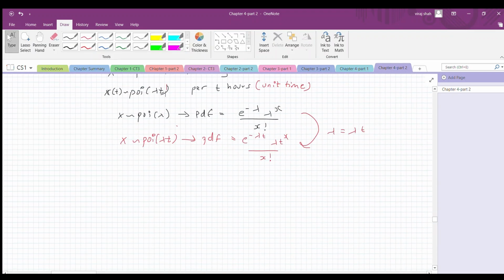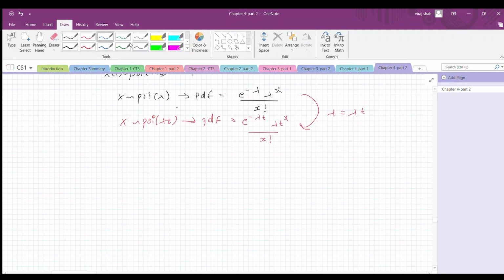What does my waiting time state? Waiting time states that I receive no claims.